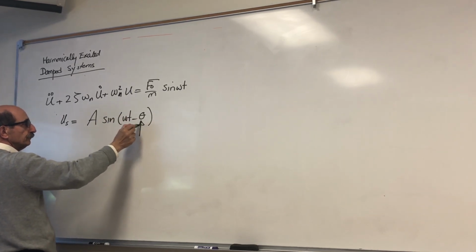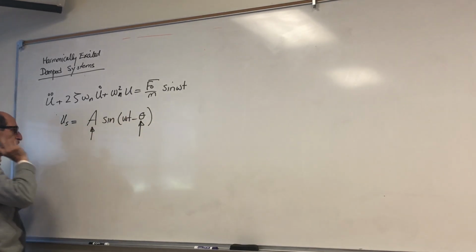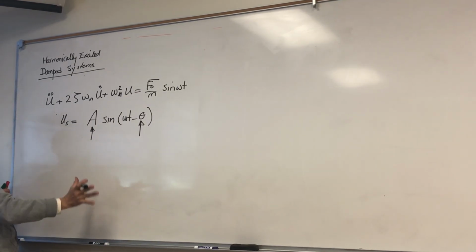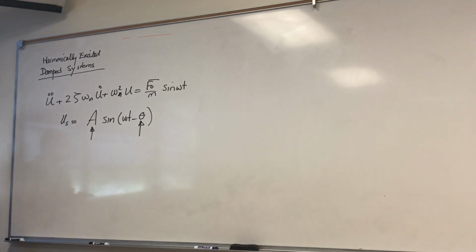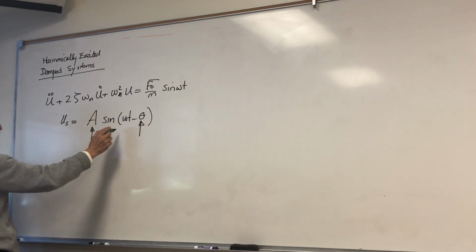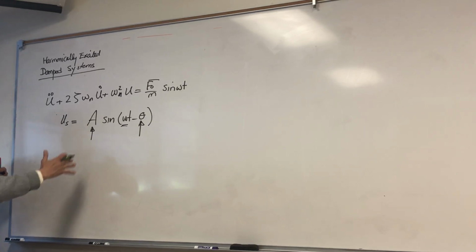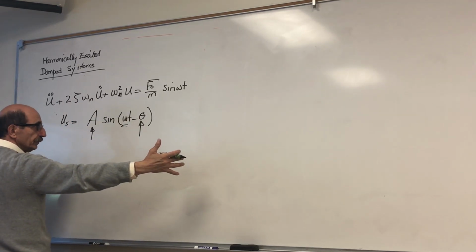Okay? So we have two unknowns that we need to find. In order to find them, just substitute this solution back into that equation. And you end up with terms that are the coefficient of sine omega t, and some terms that are the coefficient of cosine omega t.